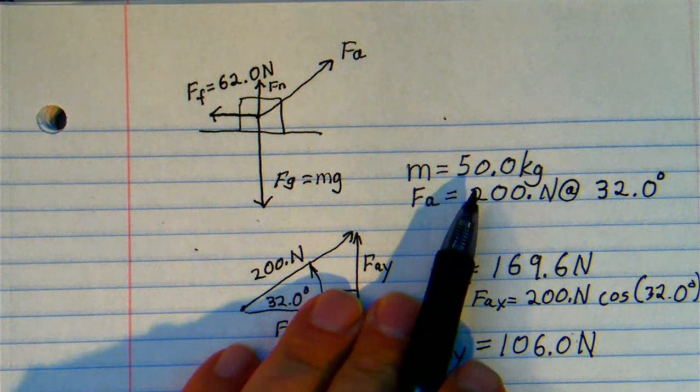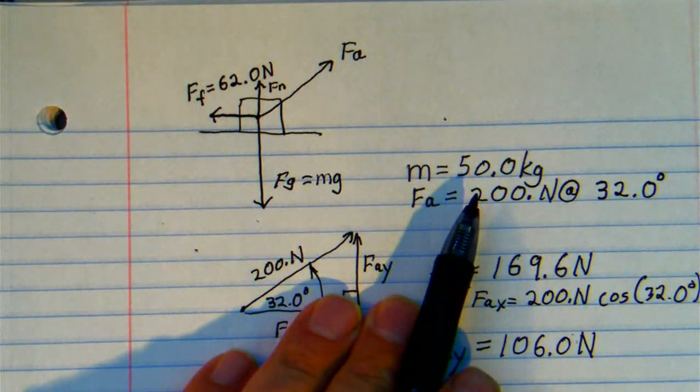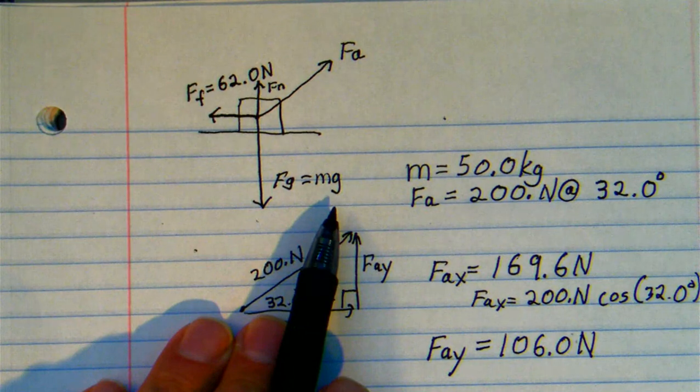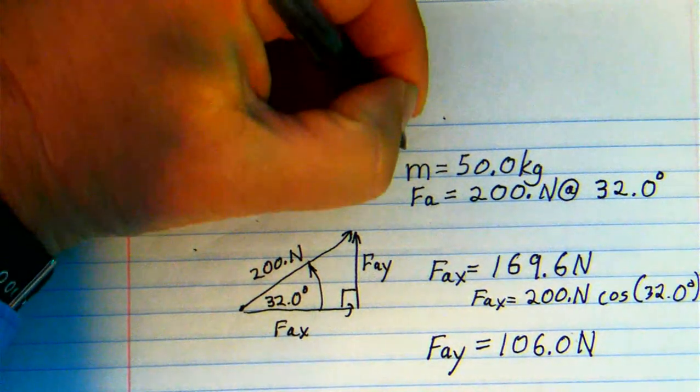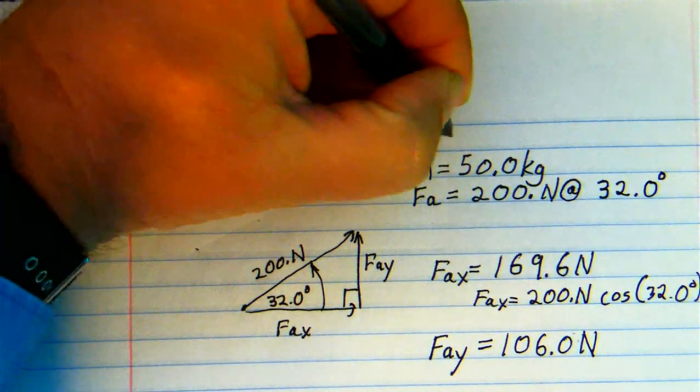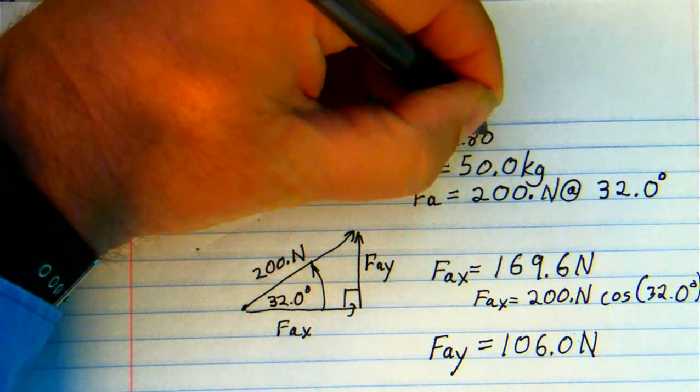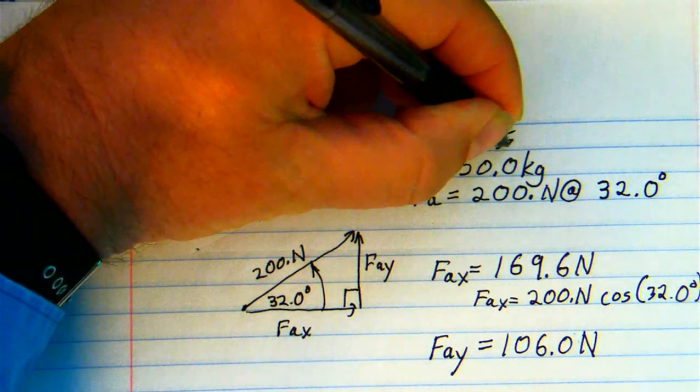The box has a mass of 50 kilograms. We assume that we're on Earth. On Earth, the acceleration due to gravity is 9.80 meters per second squared.